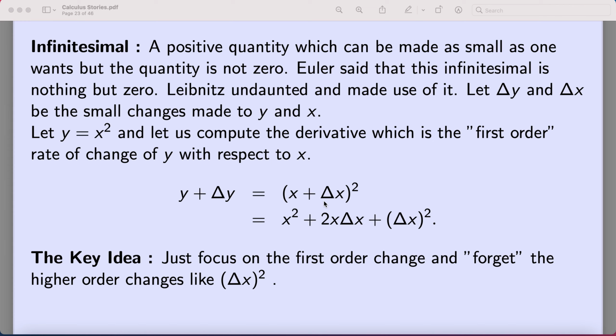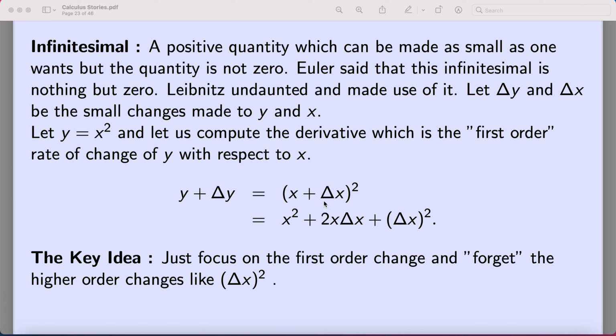Leibniz did a kind of thinking which physicists still do to date: when they are looking at very minute changes, only the changes of first order make sense. Changes of second order and higher don't make sense.